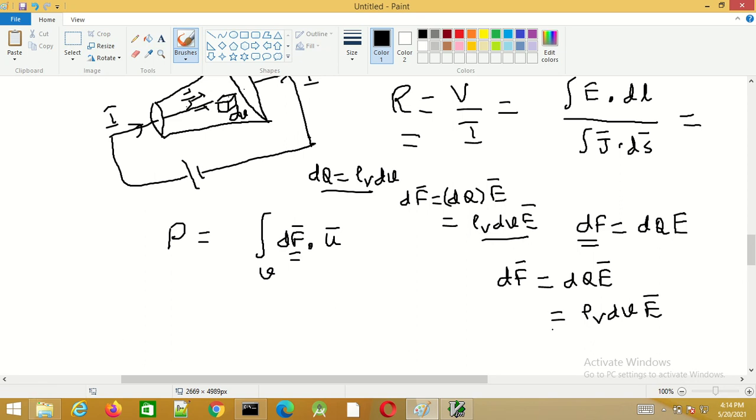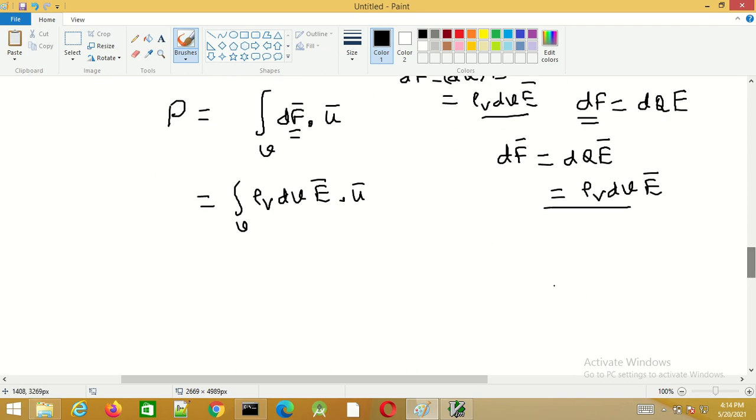By substituting for dF in this expression, the power is given by rho v dV E dot u.